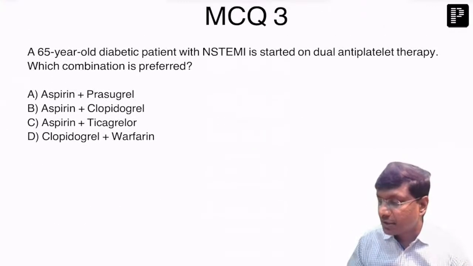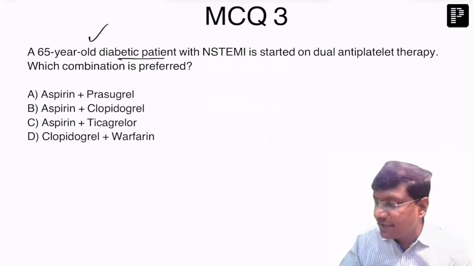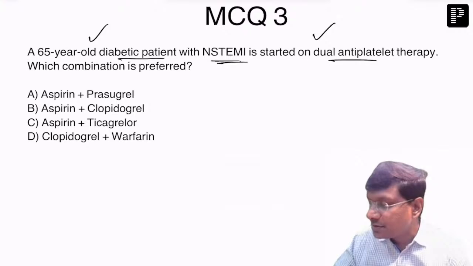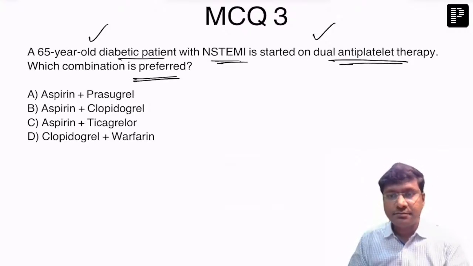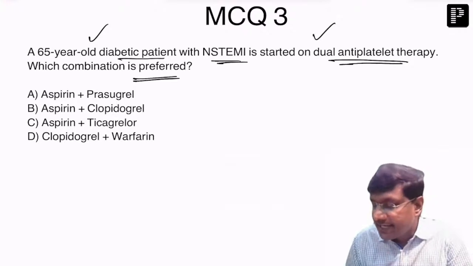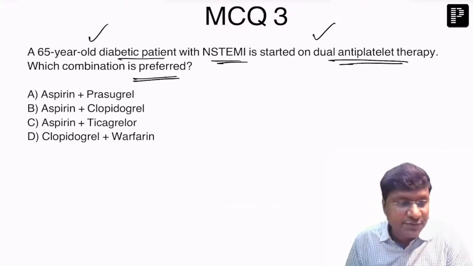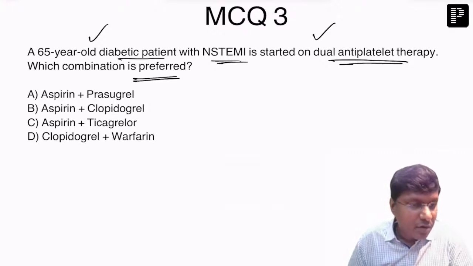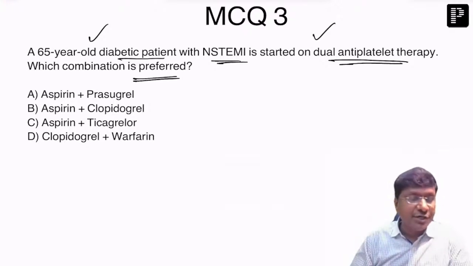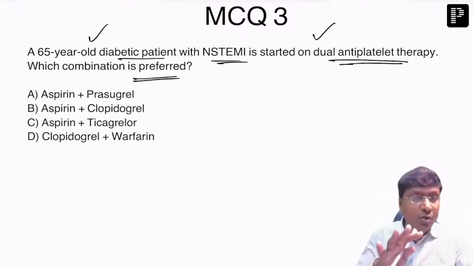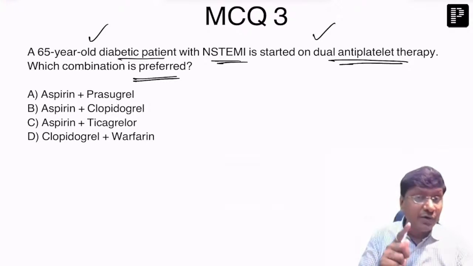Next question. A 65-year-old diabetic patient with NSTEMI is started on the DAPT. Which combination is preferred? Aspirin plus prasugrel, clopidogrel, ticagrelor, or clopidogrel plus warfarin? See, in patients with thrombocytopenia, what we need to do is quantify the risk versus benefit.